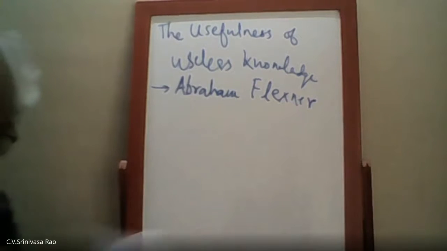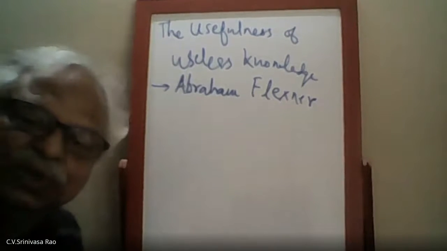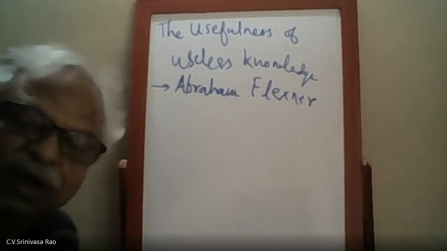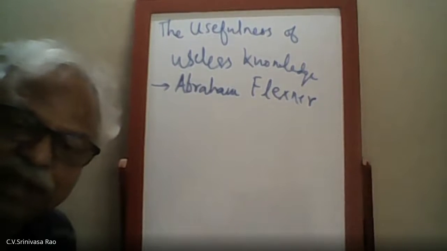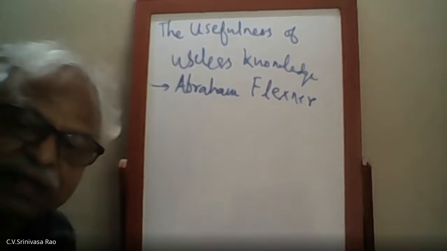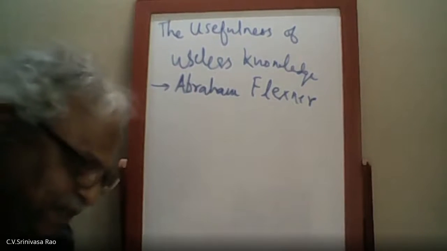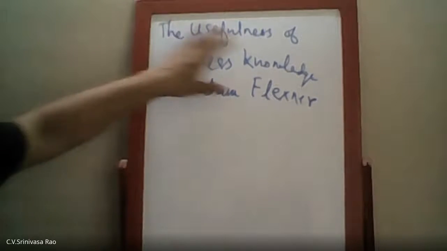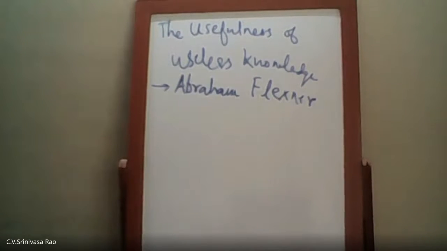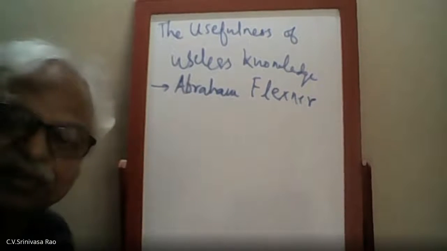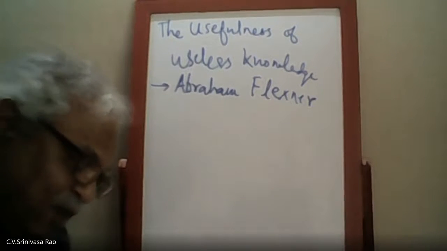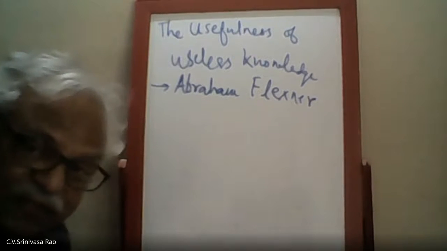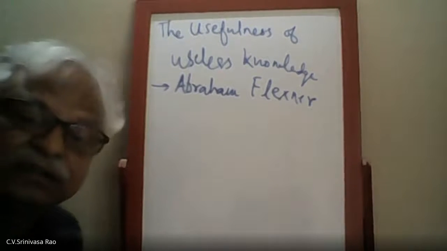When he presented his proposal to start this activity in this institute, the Congress people made a statement that fundamental research is basically useless knowledge. That is the reason why he wrote this book, The Usefulness of Useless Knowledge. What he means by useless knowledge is basically fundamental research.